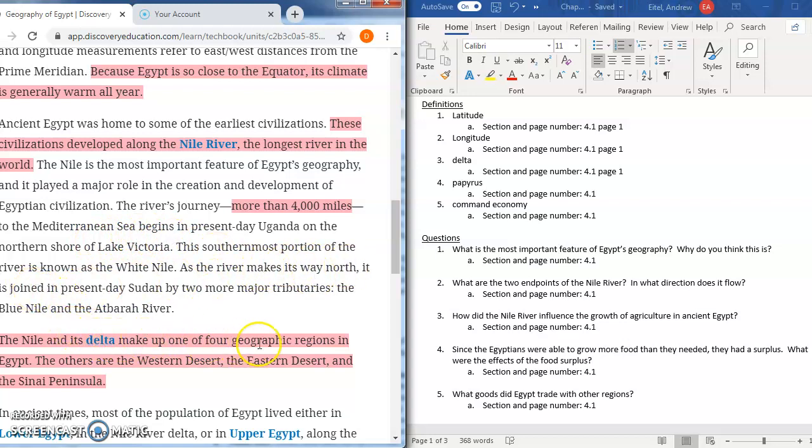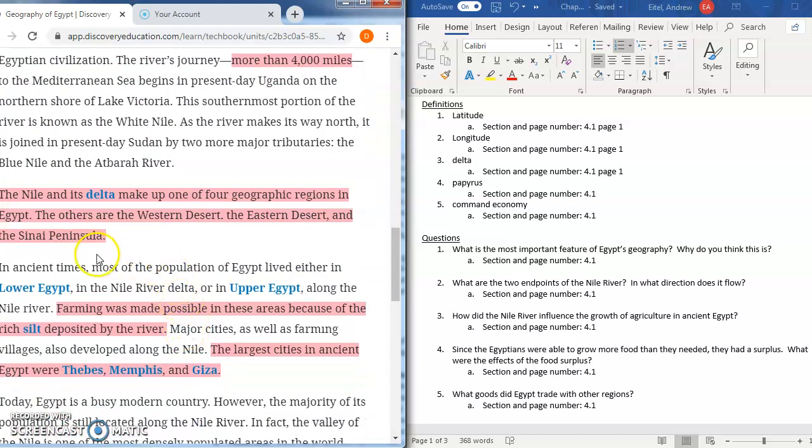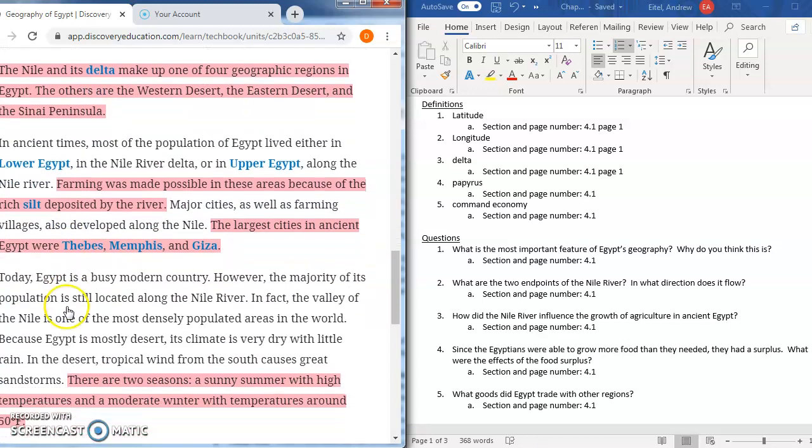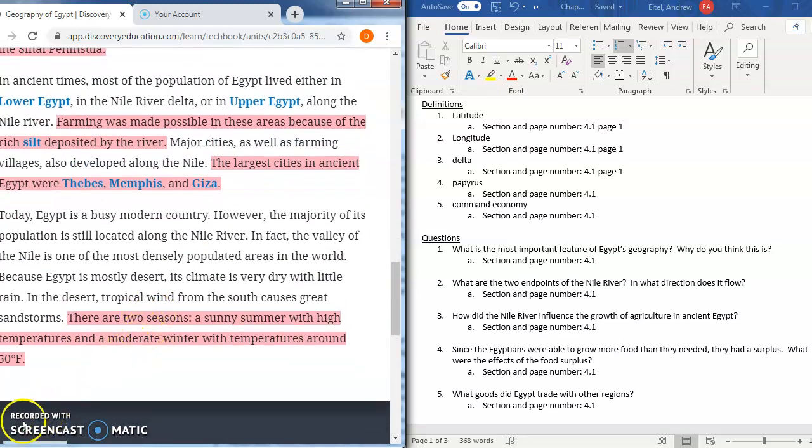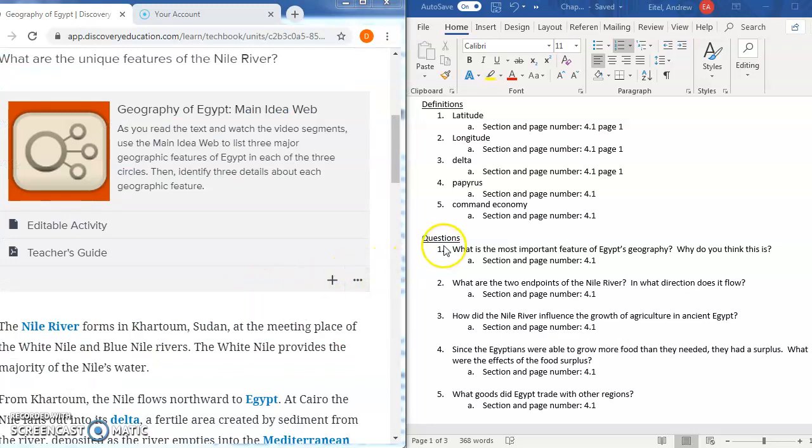Way up. Okay, so we're looking for the two endpoints of the Nile River. In what direction does it flow? And we're also looking for papyrus and command economy.